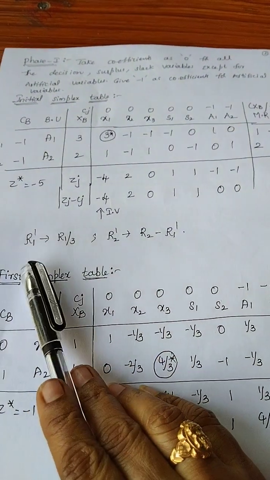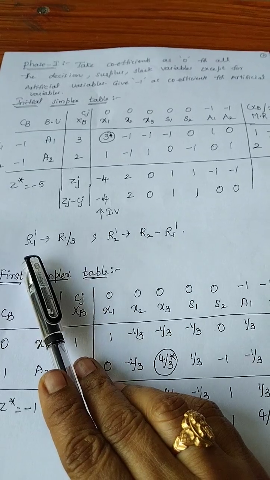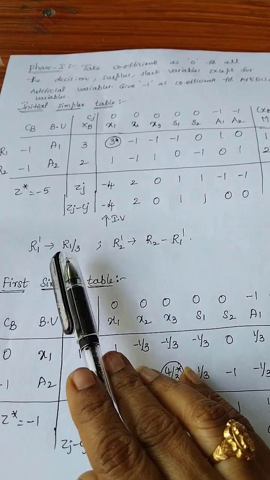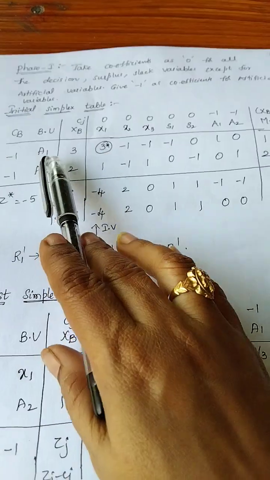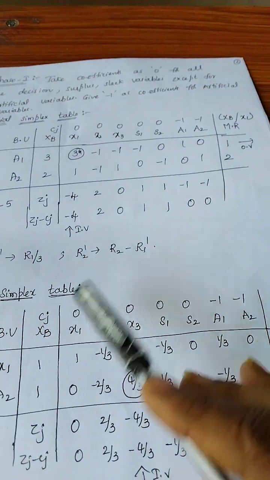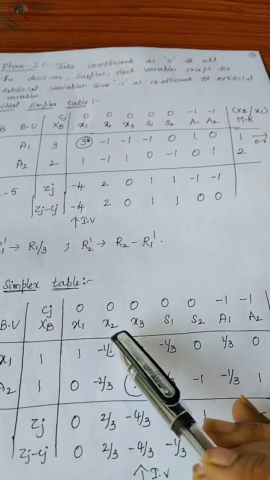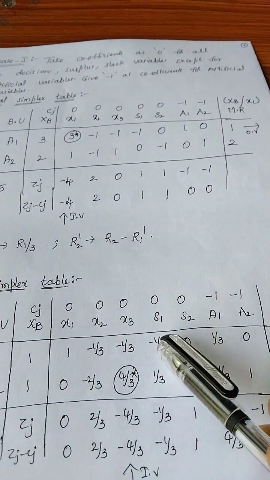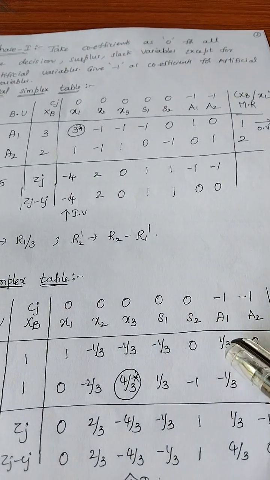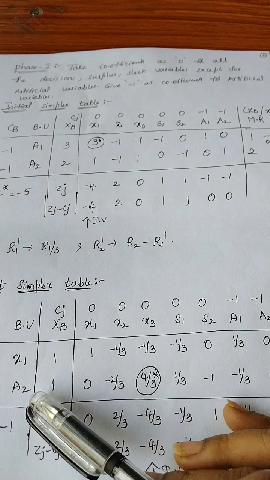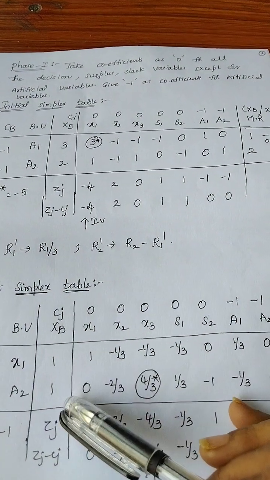I have written R1 dash, the new row in the first simplex table. R1 dash is replaced by R1 by 3. So here you get 3 by 3, 1. Minus 1 by 3. Minus 1 by 3. 0. 1 by 3 and 0.